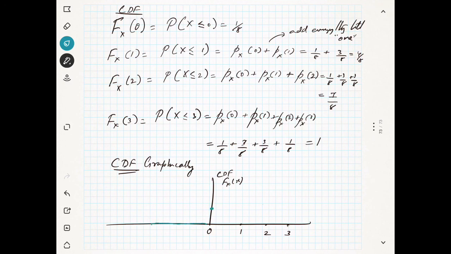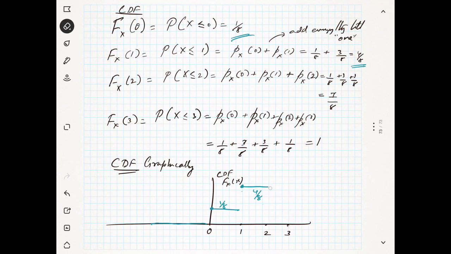But at 0, x less than or equal to 0, from 0 till 1 I have the same value, which is nothing but 1 by 8. Now when I reach 1, I got the value 4 by 8.